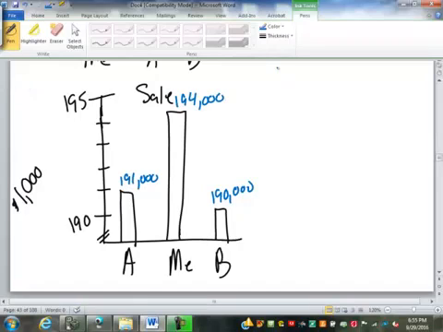Not that much more, is it? But the way the graph is set up, it looks significant because of that. I didn't start at 0. I started at 190,000 and I numbered up from there.